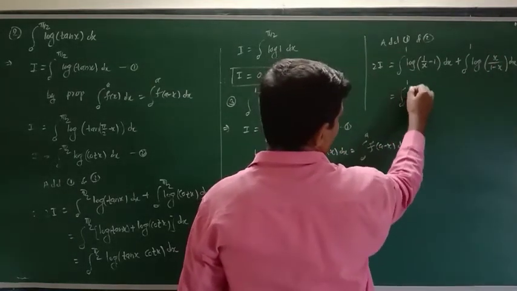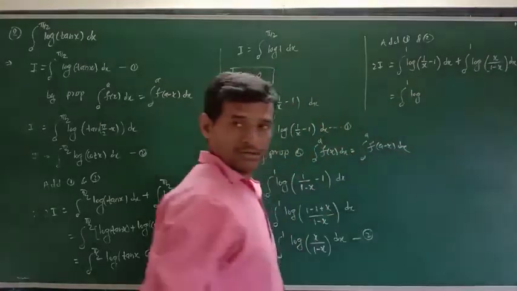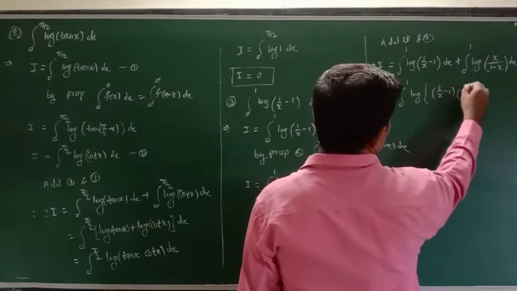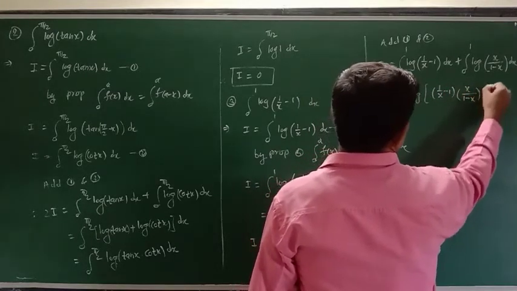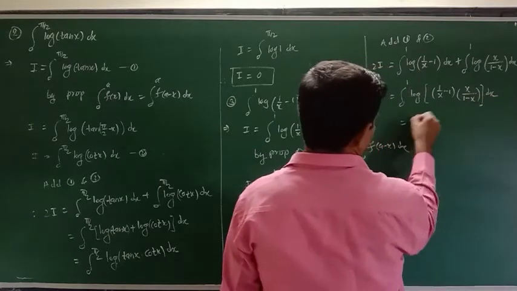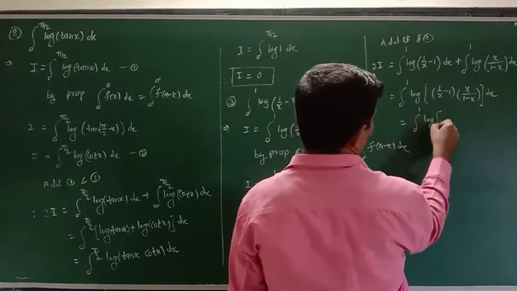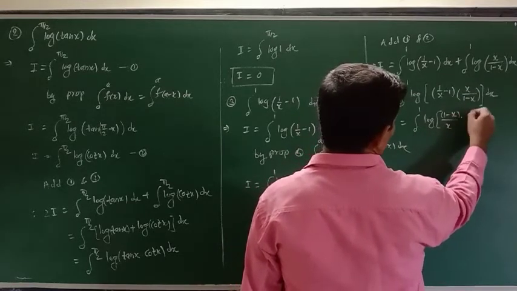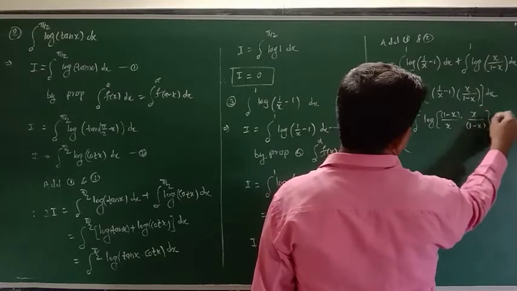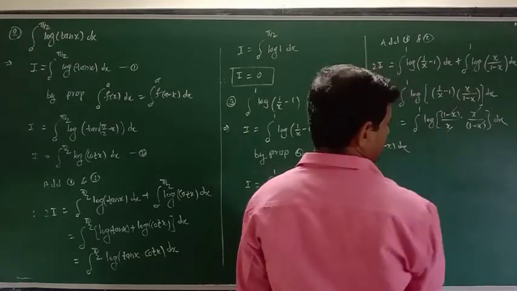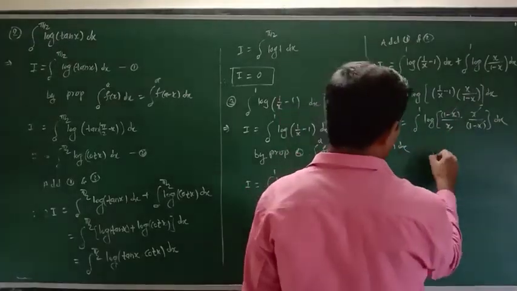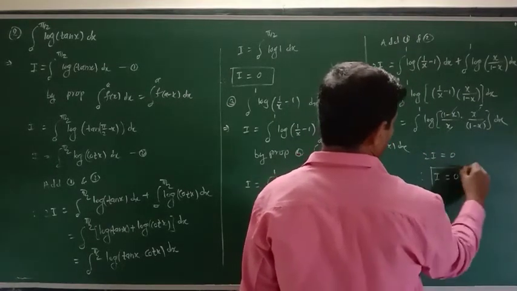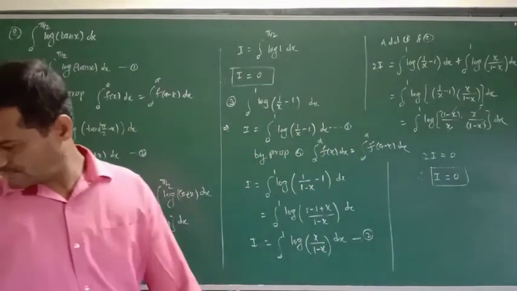Okay, so the addition of two log terms gets multiplied: (1 upon x minus 1) into x upon (1 minus x) and dx. So it is equal to integral from 0 to 1 of log of (1 minus x upon x) into (x upon 1 minus x) dx. So the terms get cancelled. Log 1 value is 0. So 2I is equal to 0. So the final value of the definite integral is equal to 0.